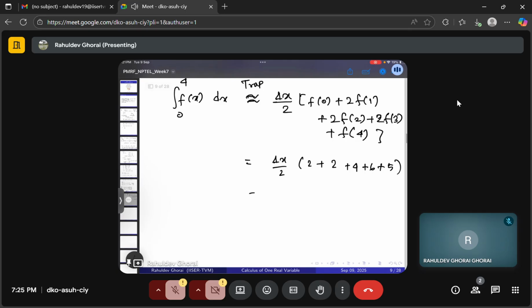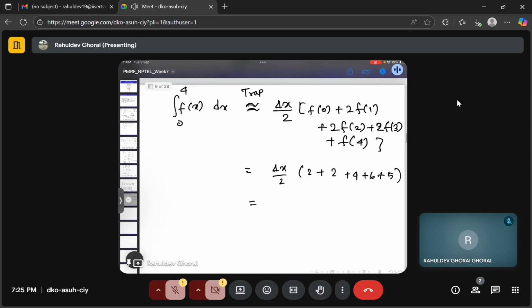And what is del x? You assume del x is 1, right? So 1 by 2 times (1 plus 2, 3, plus 4, 7, plus 6, 13, plus 5, 18). So that is equal to 9.5, that will be the answer.